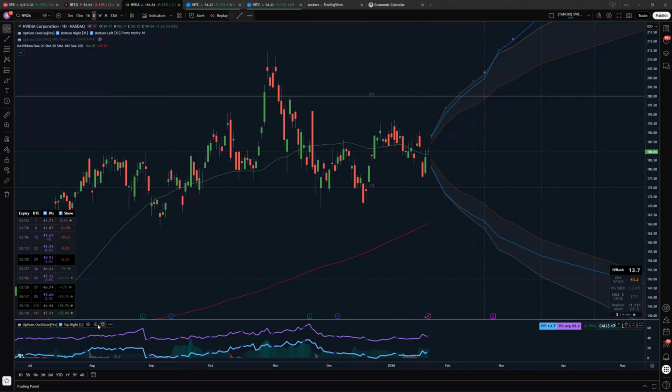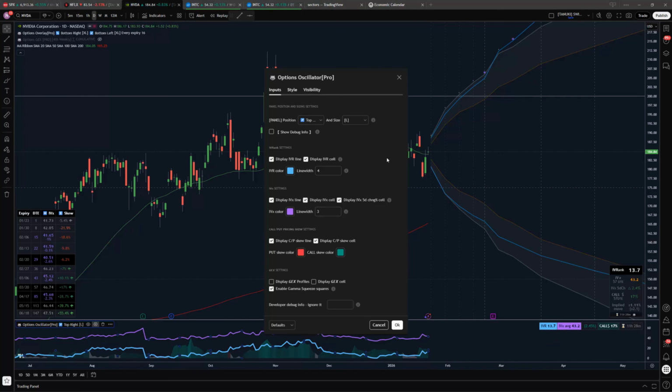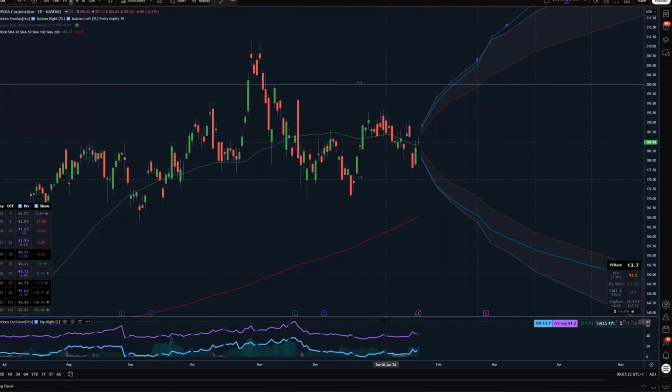If you don't care about the oscillator IVR, you can always disable this information. For example, you can say that you don't care about the IVR cell, and you can disable this IVR cell. You see it here. And if you are not interested in the IVR line, which is here, you can also disable the IVR line as well. But now let's enable both of them.